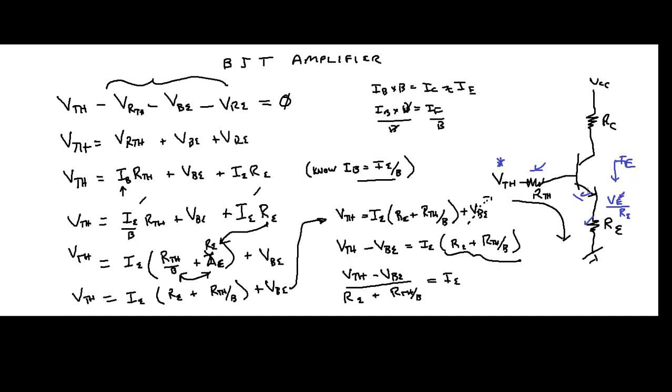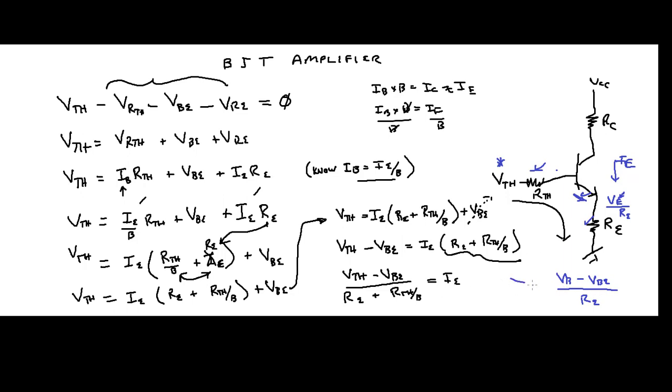Well, VE is simply going to be your VB minus VBE. Remember, this is your 0.7 drop here, and this is your base voltage. That's going to equal VE, and it's divided by RE. Get it? That's what we learned in the prior video.